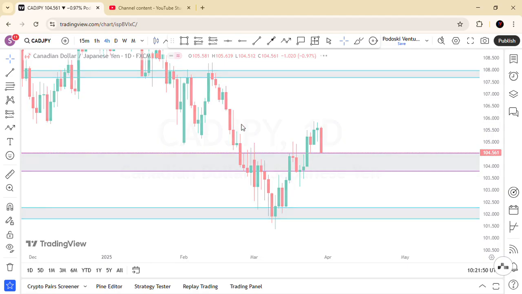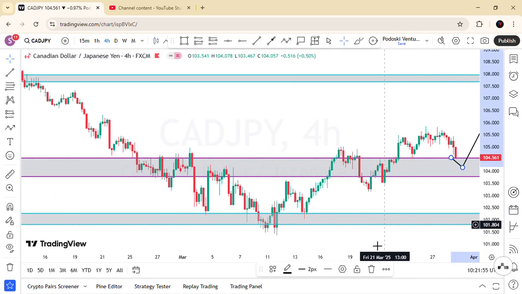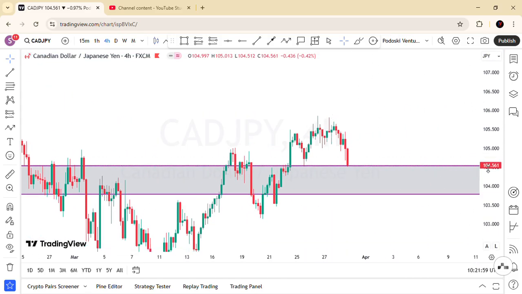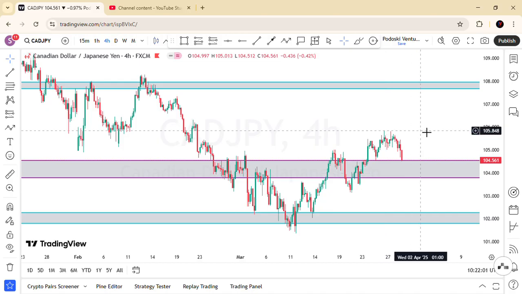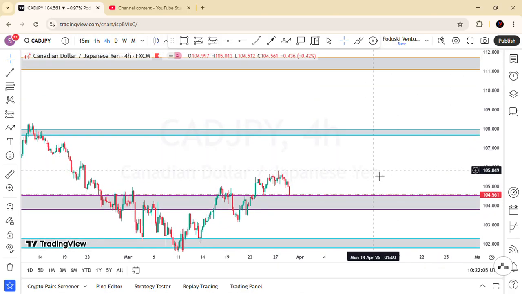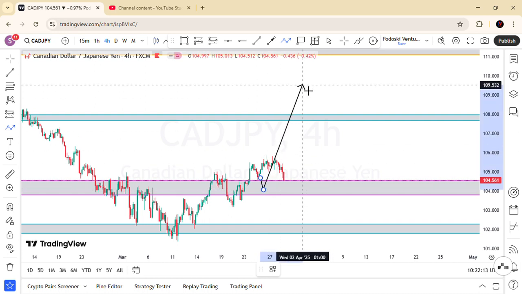Okay. So if you were already in the Telegram channel or you have my WhatsApp number, you could see I posted this particular setup, that we are expecting price to drop into this zone, then we buy.